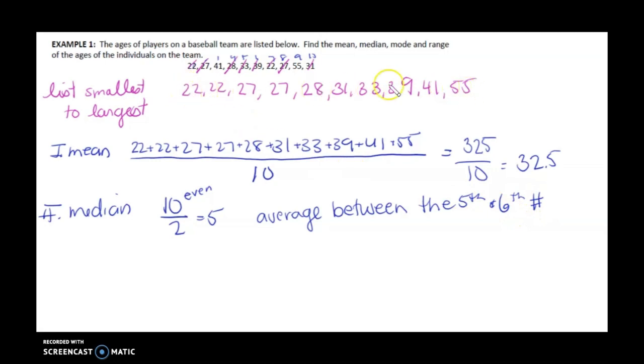When we look at these in order, this is number 1, 2, 3, 4, 5, 6. The median is going to be 28 plus 31 divided by 2, which is 29.5.